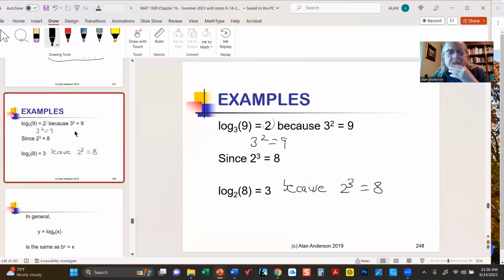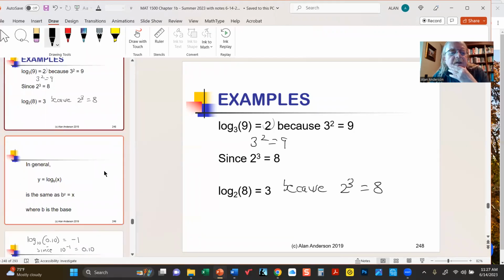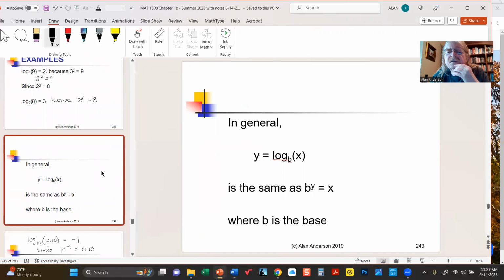All right. A couple more simple examples. The log base 3 of 9 is 2, because we know that if we take 3 and raise it to the second power, that'll give me 9. And this one, we've just seen it before, but log base 2 of 8 is 3. So just in the most general possible terms, log base b of x means the same thing as b to the y power is x. So just a quick reminder.